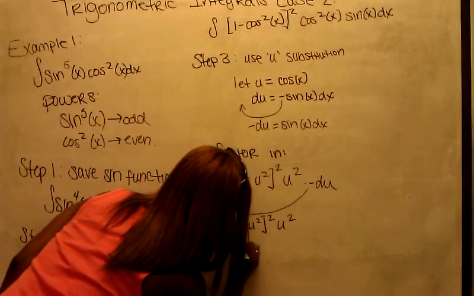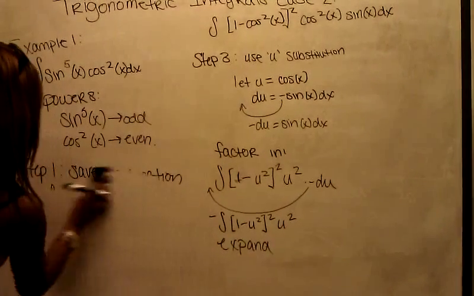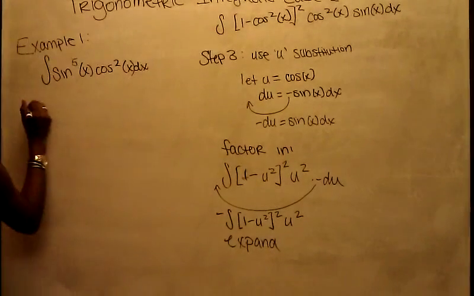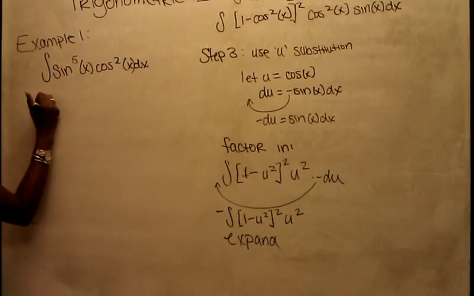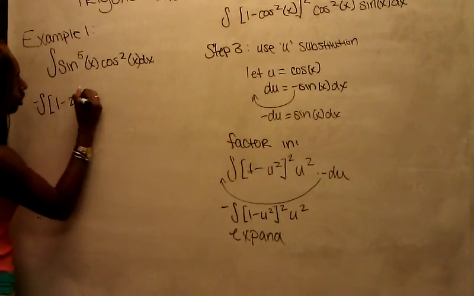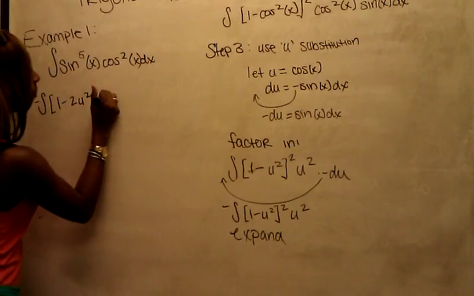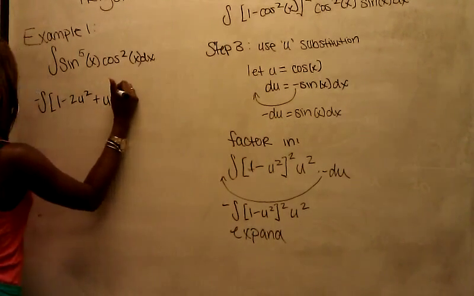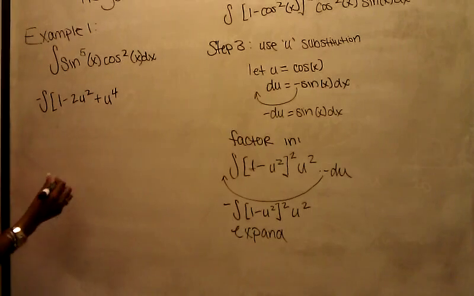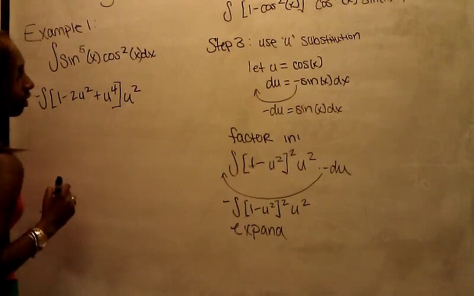And so now our next step is to expand. I'm going to actually move over here. In order to expand our function, we end up with negative times the integral of 1 minus 2u squared plus u to the 4th, times u squared du.